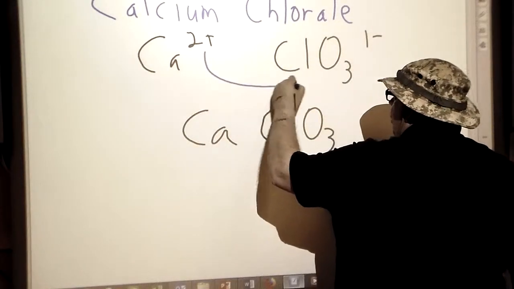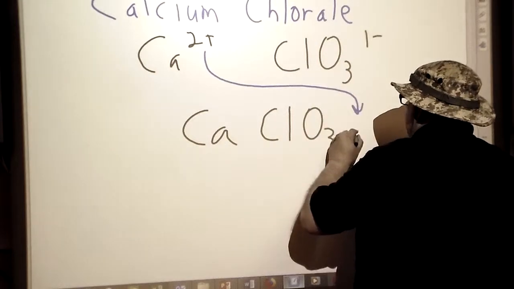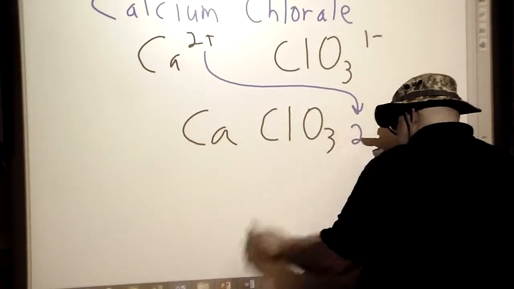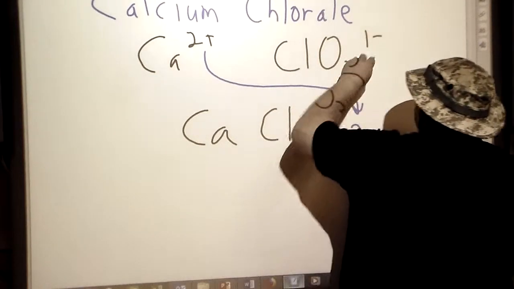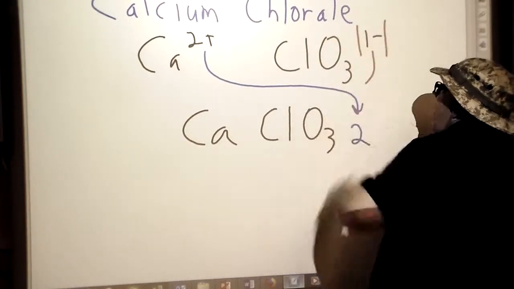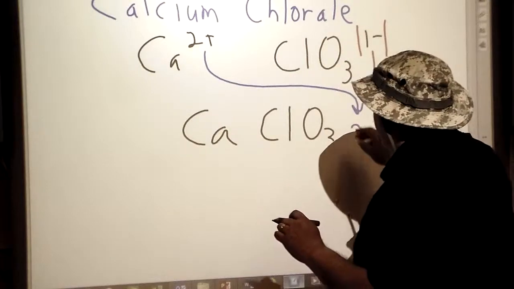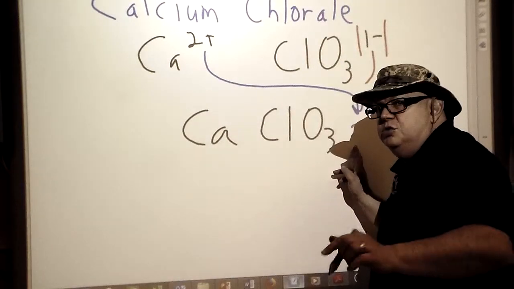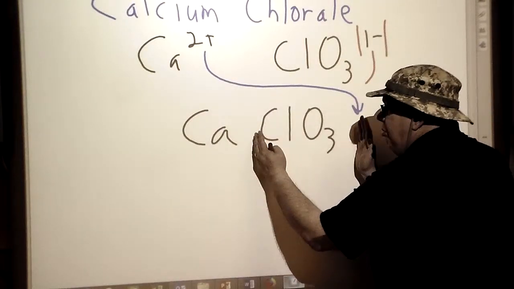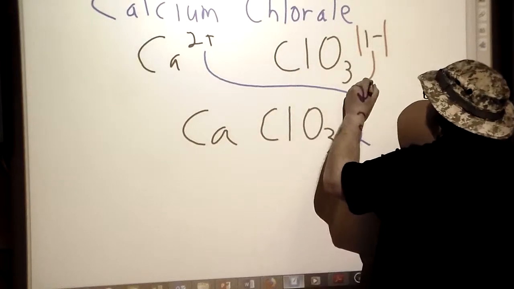We're going to bring the two down to here. And we're going to bring the -1, which we're going to make absolute value because it's a 1. We're not bringing down charges, guys. We're bringing down the number of the item in question.